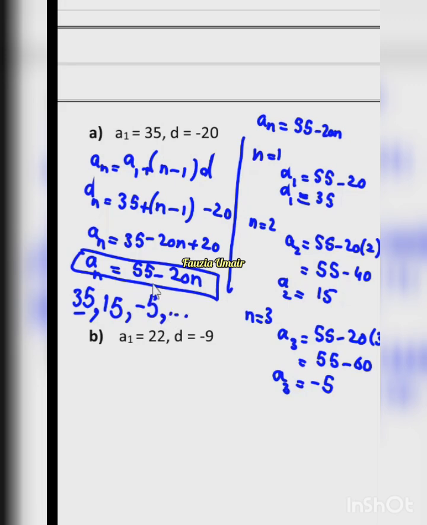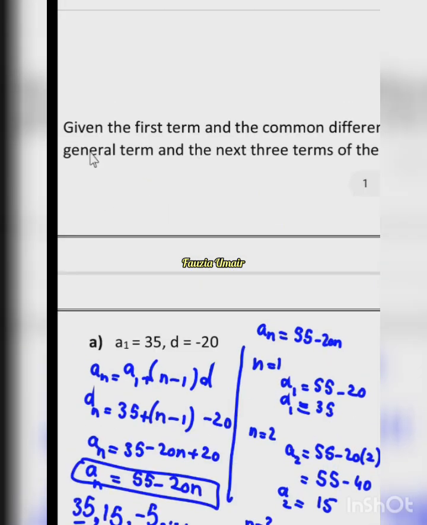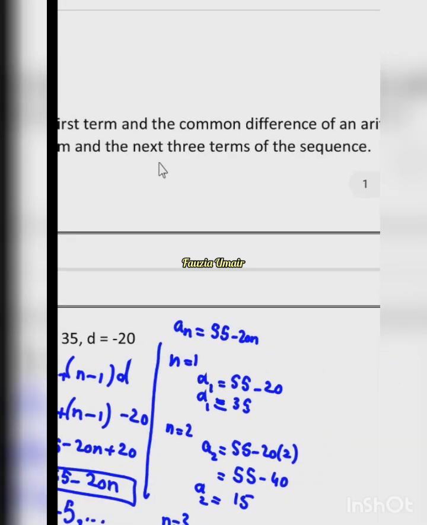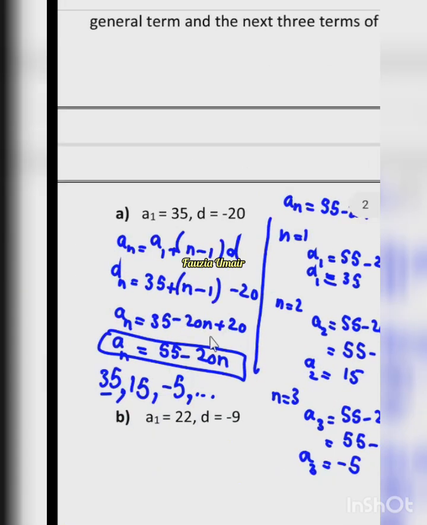So you need to give 2 answers in this question: the general term and the next 3 terms. So this is my general term formula and this is my sequence. If you know A1 and D, you can calculate both of them.